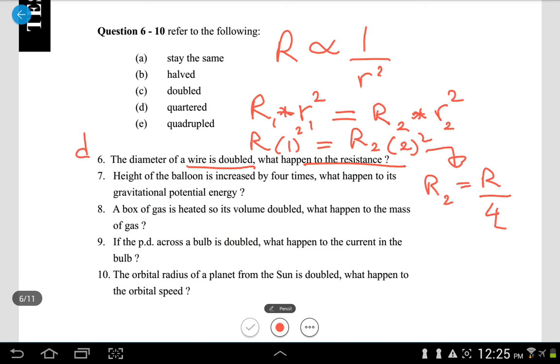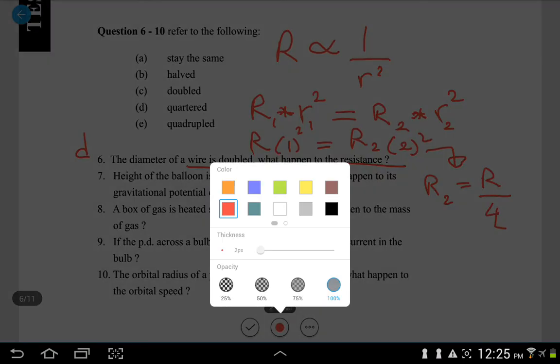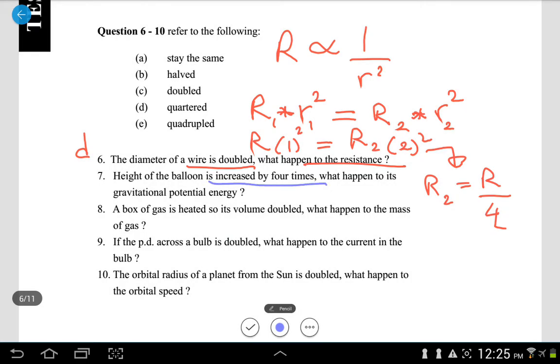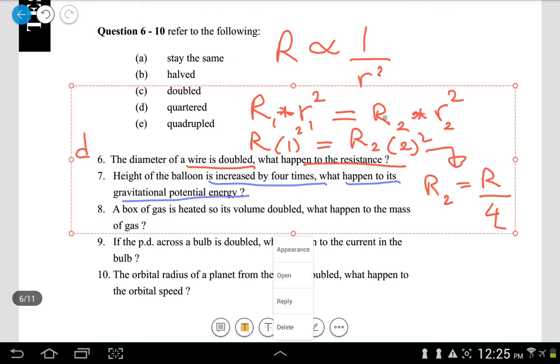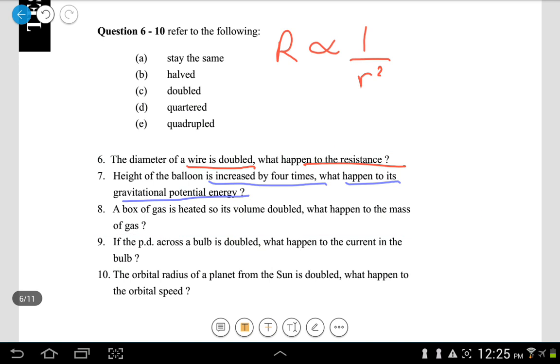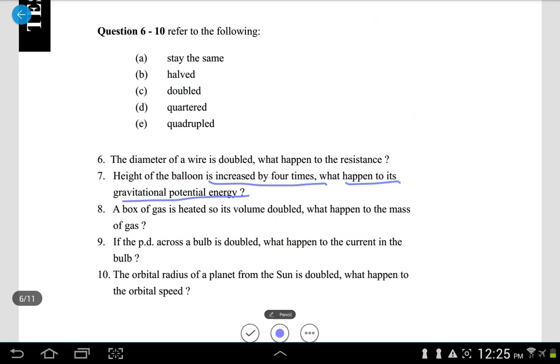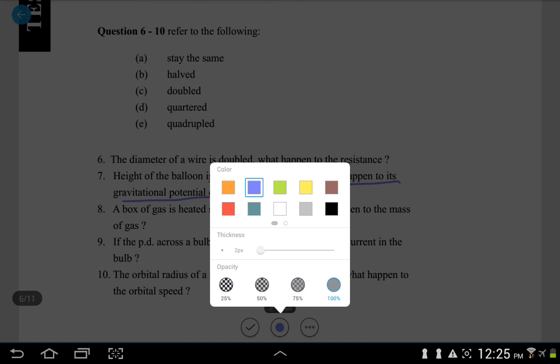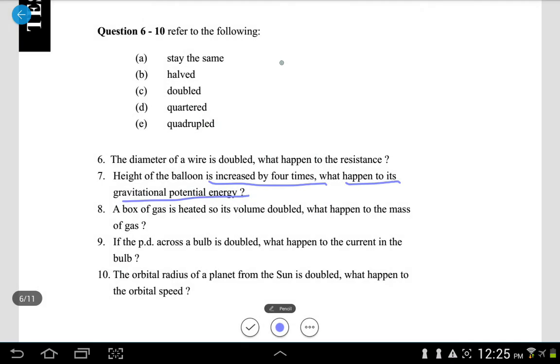All right, let's see number 7. Number 7 says the height of the balloon increased by 4 times. What happened to its gravitational potential energy? So I'm going to write out the formula for gravitational potential, GPE equals mgh.